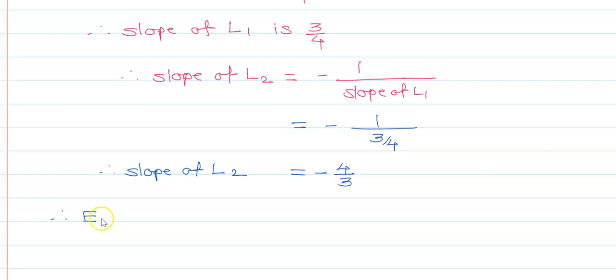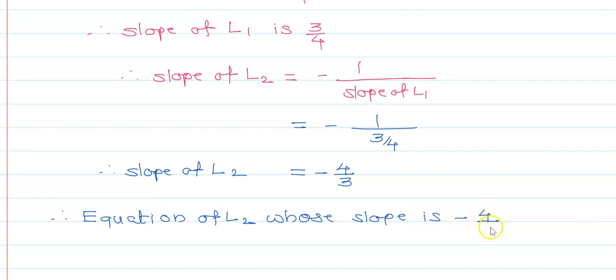Therefore the equation of L2, whose slope is -4/3 and the point on it is (-1, 3).